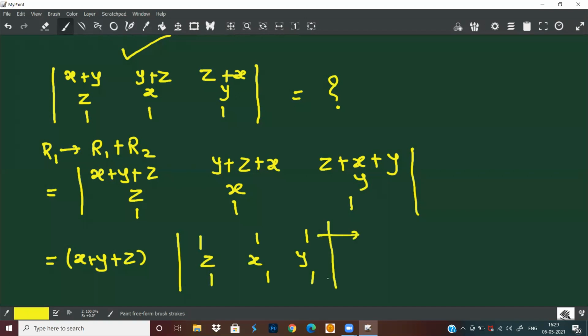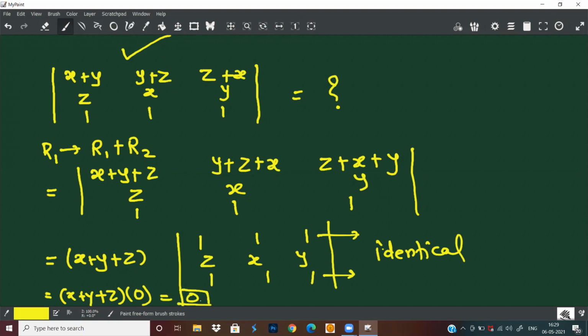So when you have 2 rows identical, the value of the determinant will come 0. So it is going to be x plus y plus z into 0. So they will be giving you one of the options as 0.